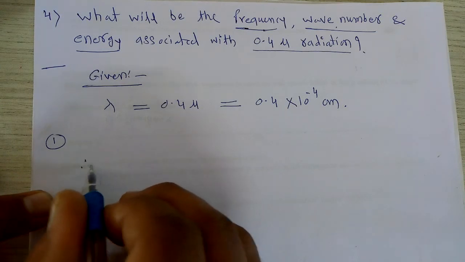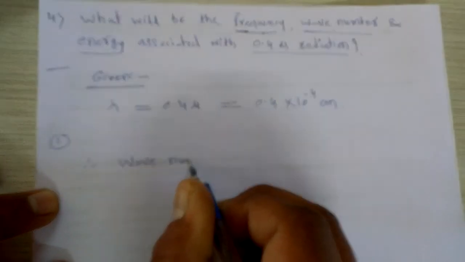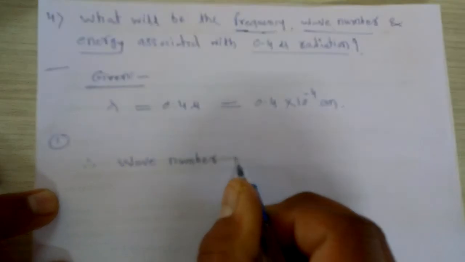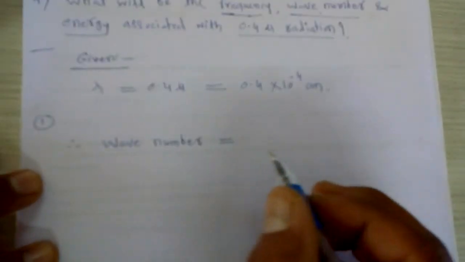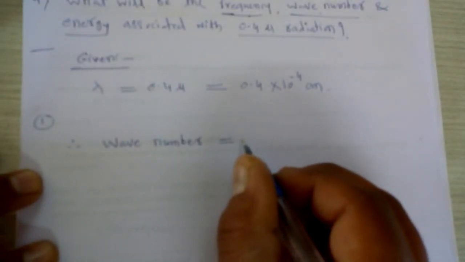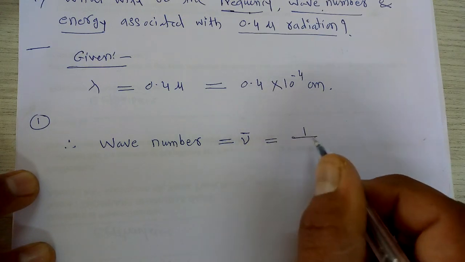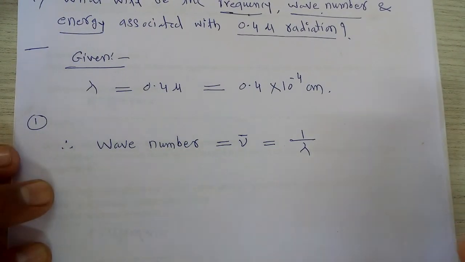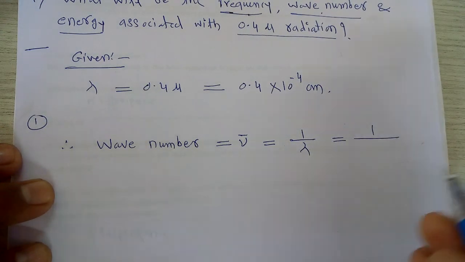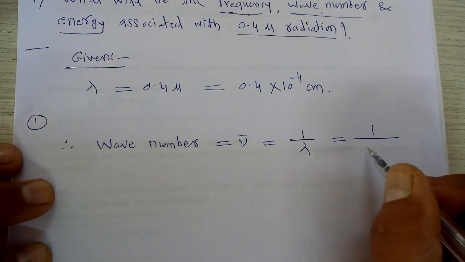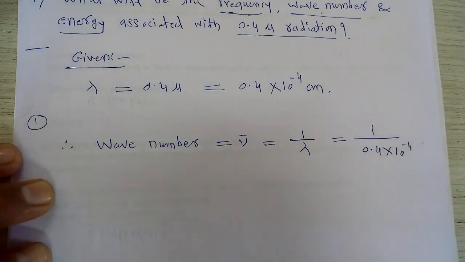Therefore wave number is equal to, we know very well that wave number is nothing but the reciprocal of the wavelength. So this is nu bar, that is wave number, equal to the reciprocal of the wavelength, 1 by lambda, equal to 1 divided by 0.4 into 10 raised to minus 4.